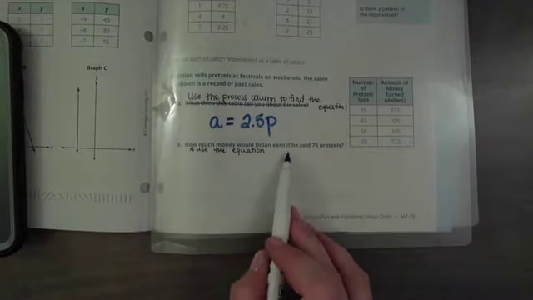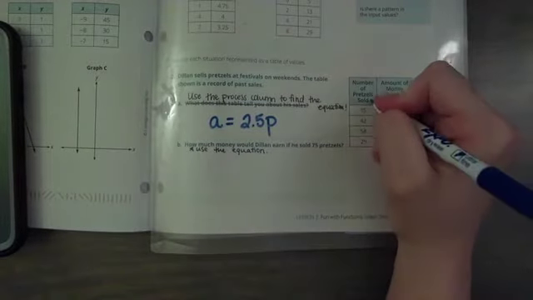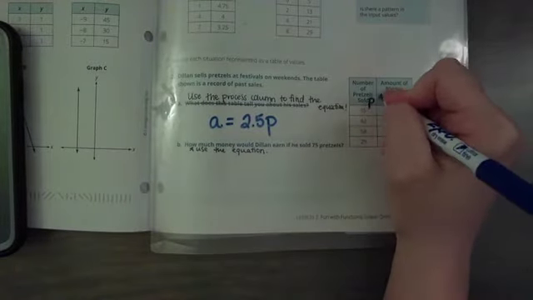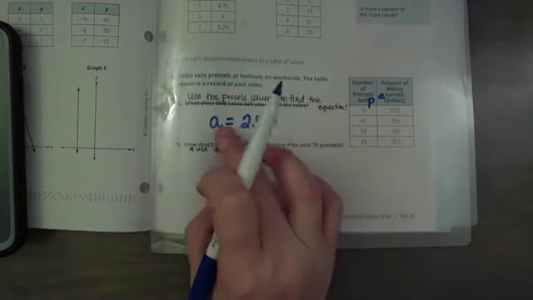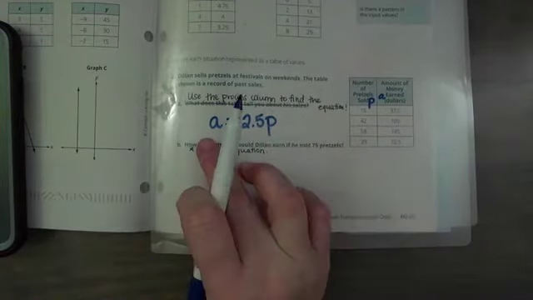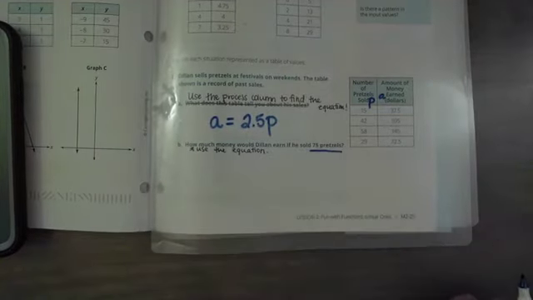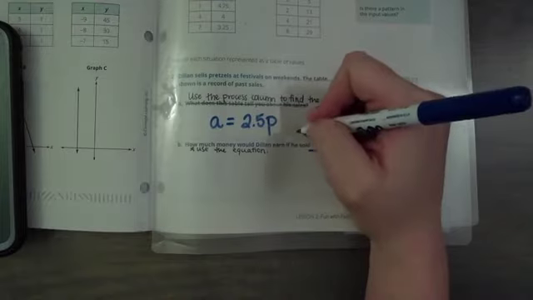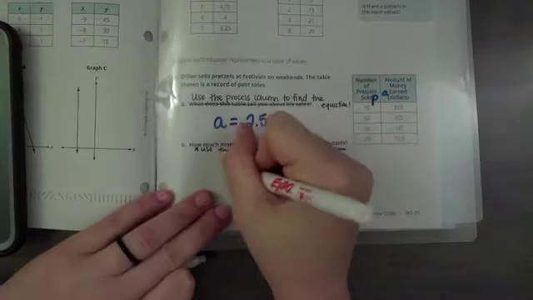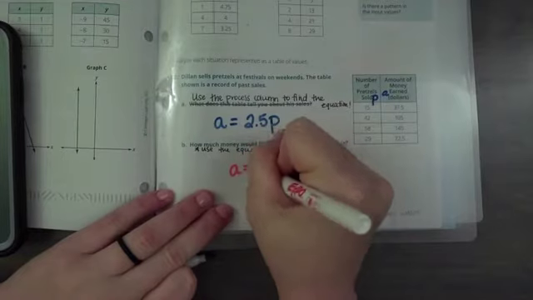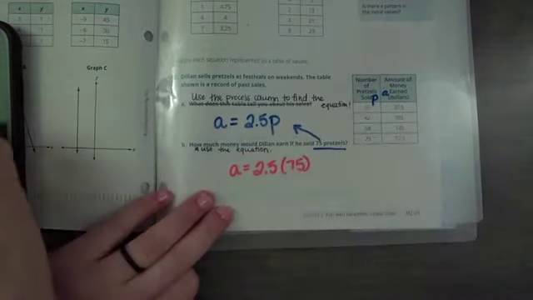How much money would Dylan earn if he sold 75 pretzels? So what you need to think about is this is P, this is A. So in that equation, would the 75 go in for the P or would it go in for the A? Well, the 75 is the number of pretzels, so it would go in for P. So for your equation, you would do A equals 2.5 times 75.